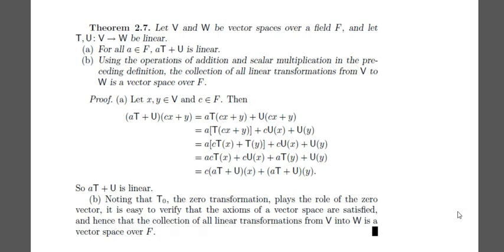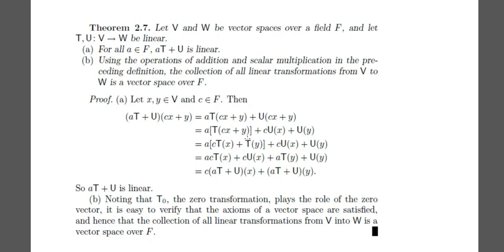So to show it is linear, we have to show that (aT plus U) of (cx plus y) is equal to c times (aT plus U) applied to x plus (aT plus U) applied to y. So consider (aT plus U) applied to cx plus y. This is equal to aT applied to cx plus y plus U applied to cx plus y. This is by definition of addition of mappings.